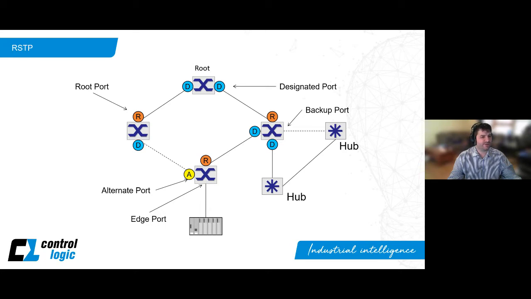So rapid spanning tree is a simple protocol that's also very complicated. Out of the box for small networks, you can just plug it in and it just works. You don't have to think too much about it. But of course, there are always optimizations. It could be that there are some scenarios where maybe there's 10 switches with 100 meg links and 1 switch with a gig link, and you want to make a decision about which one's more important.